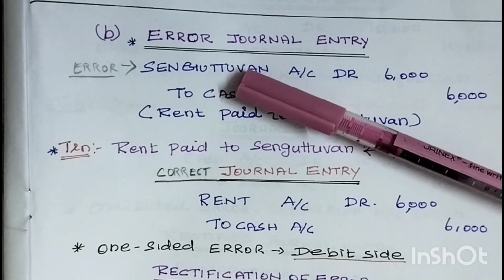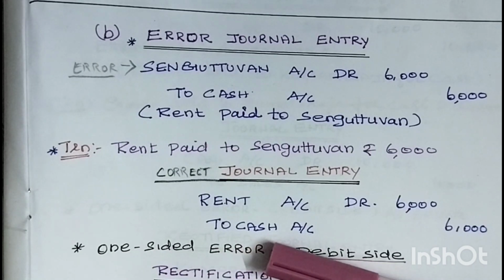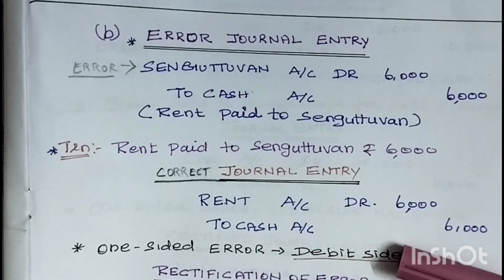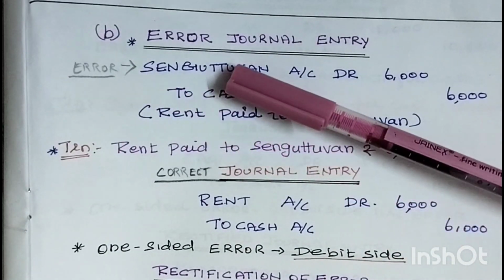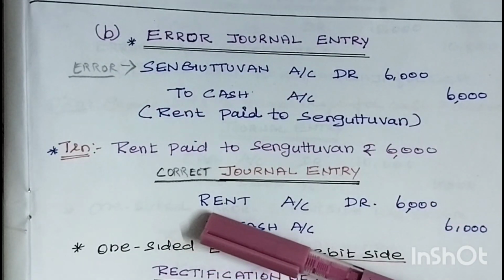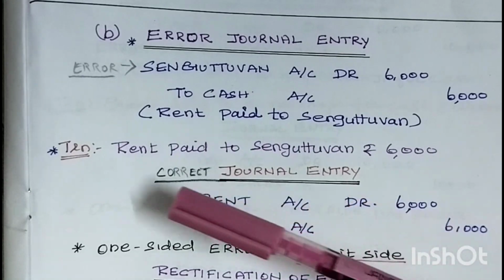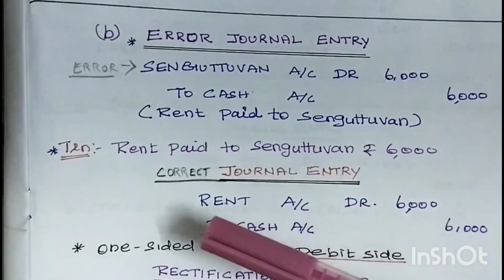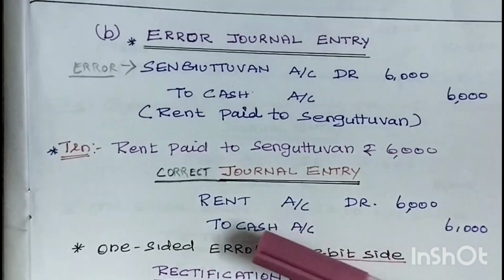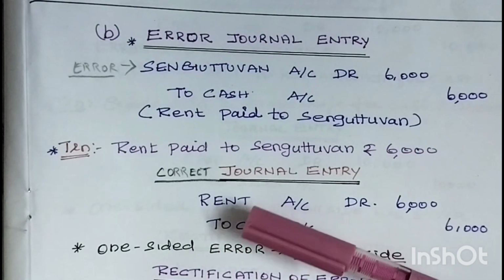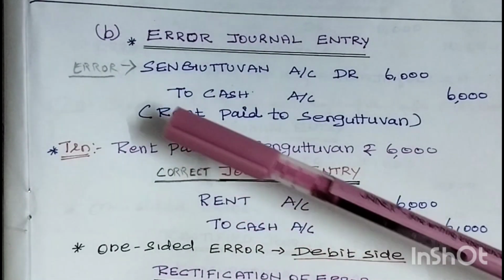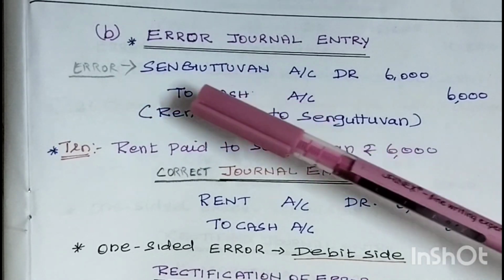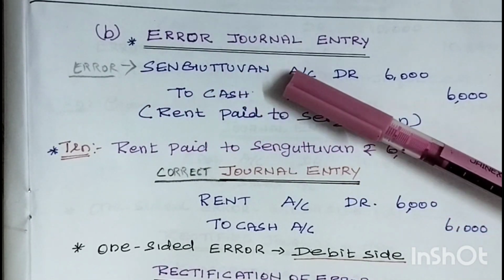This is a one-sided error, on the debit side. Rent account debtor is the correct entry because rent paid to Sengutuvan means rent account debtor to cash account. We found the error: on the debtor side, Sengutuvan account.